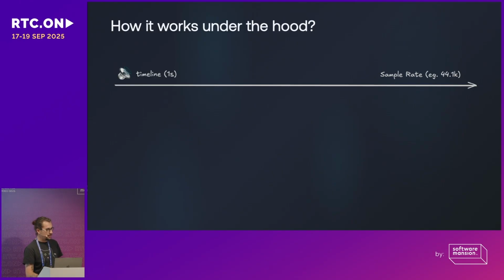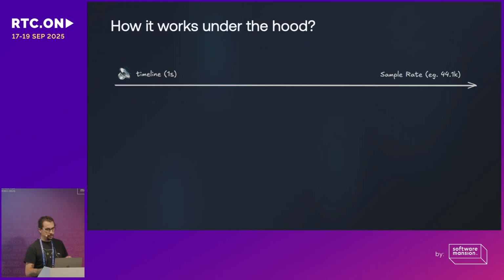The most important parameter for it, which probably everyone here is familiar with, is the sample rate, which tells how many frames, or values for each channel of the sound, are within 1 second of the sound. In modern devices, the most common value is 44.1K, which means we have to produce 44,100 values for each channel in each second.